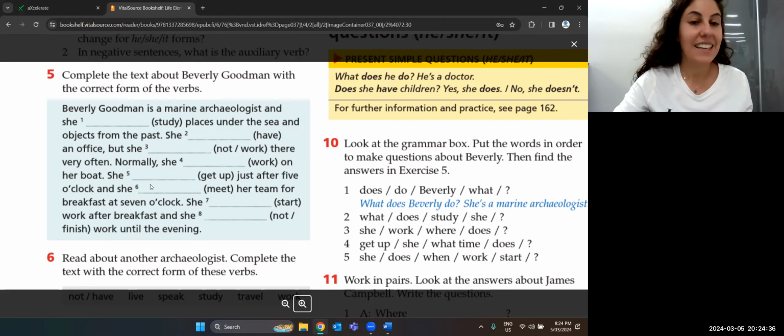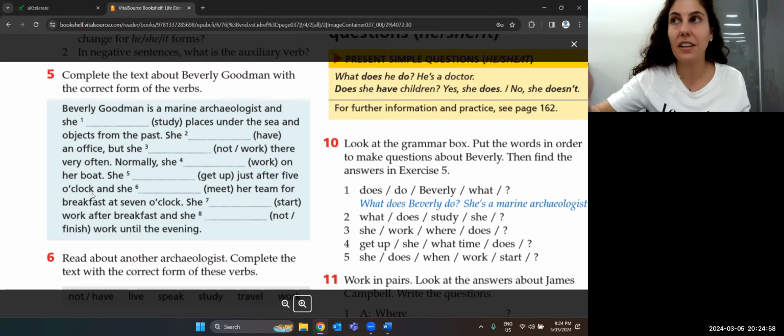She gets up. Now, if you have 2 words as the action, you put the S on the first word. So she gets up, she makes up her bed. So she gets up just after 5 o'clock.